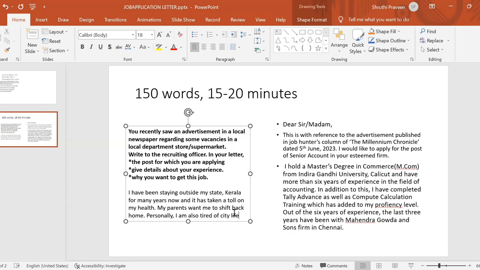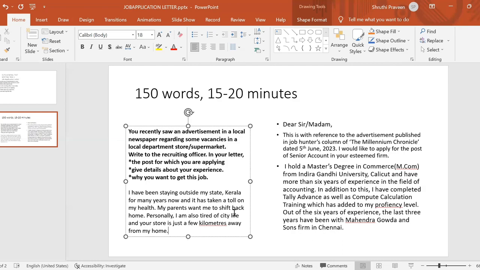City life, and your store, you can talk about the ease of commutation. There is ease to commute from your place to the store, and your store is just a few kilometers away from my home.